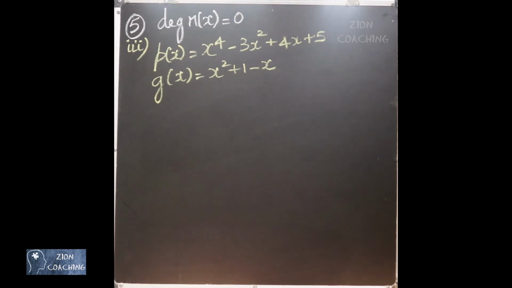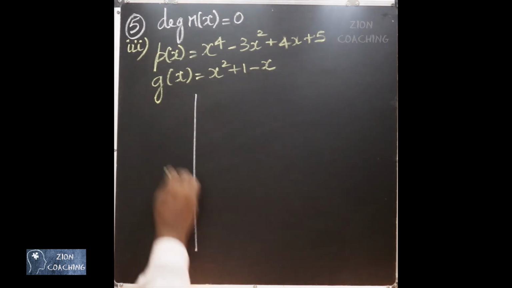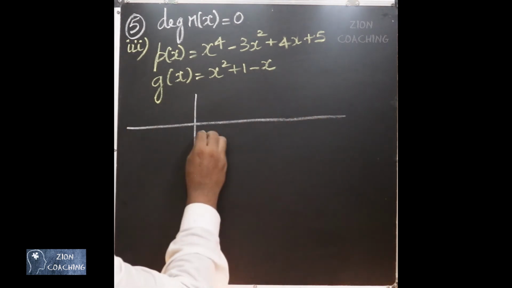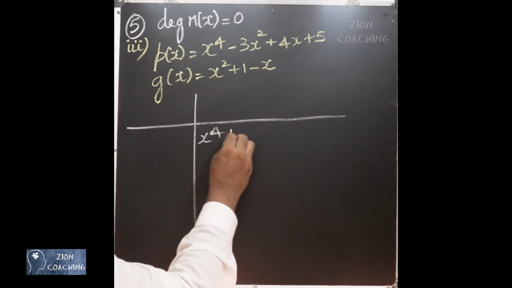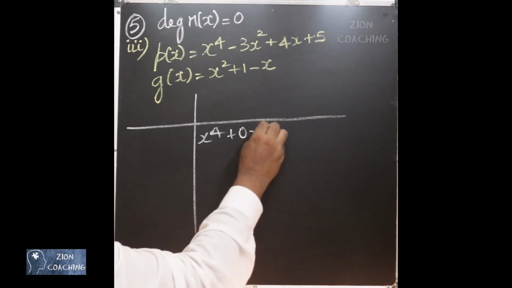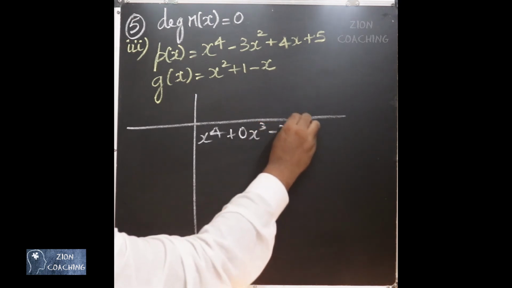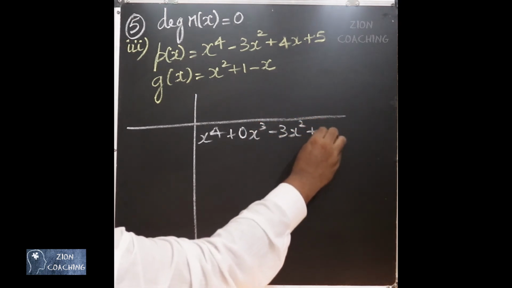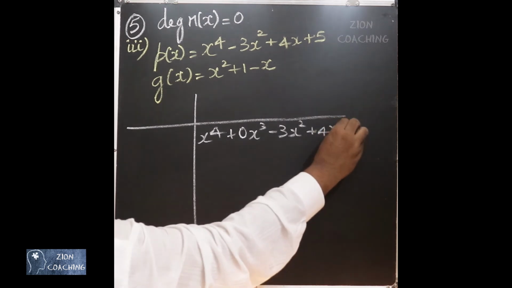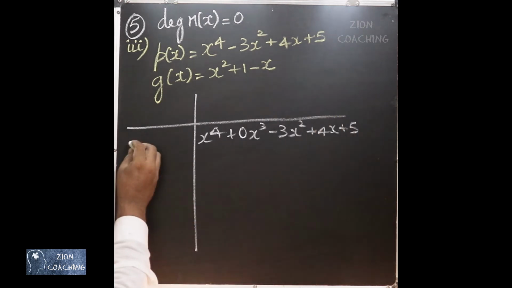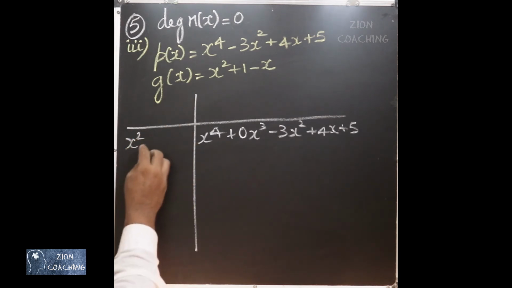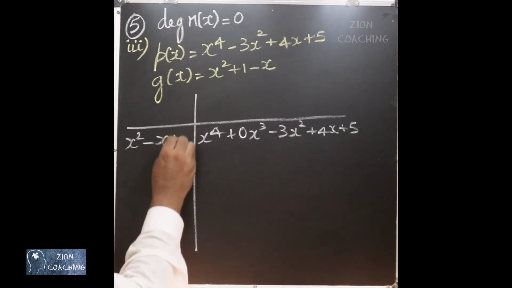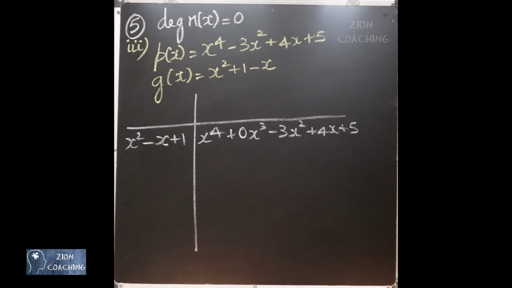Now we will divide. I will do it fast. x power 4, then the x cube term is missing, so we can write 0x cube minus 3x squared plus 4x plus 5. When we are dividing, we have to write the divisor in decreasing order of powers of x, so it has to be written like this: x squared minus x plus 1.